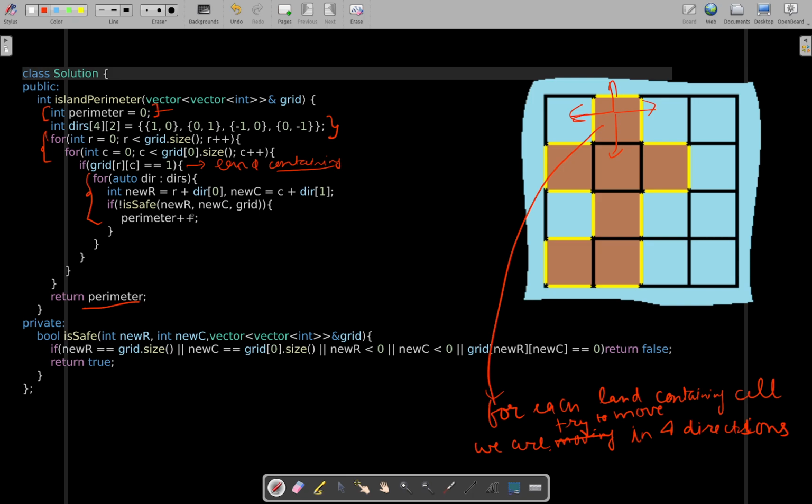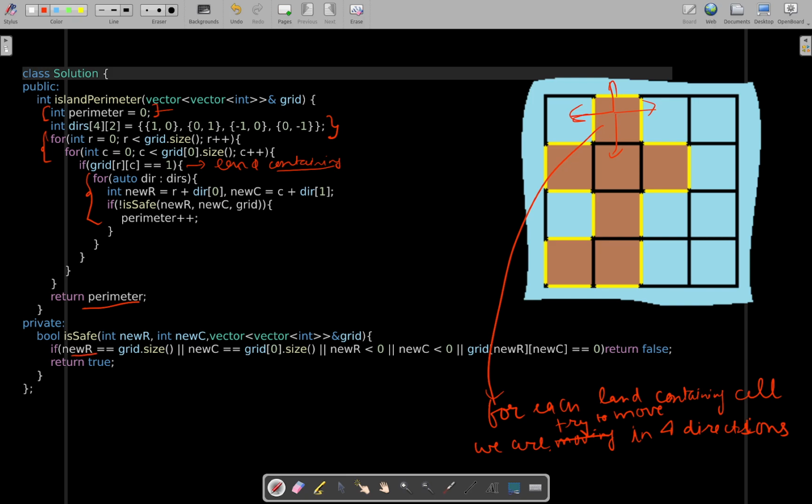And if that cell is not having land, or when you are taking one step further you are at the very boundary and you are moving outside the boundaries of the grid, then you will say that it is not safe. So these are the conditions of our move not being safe.